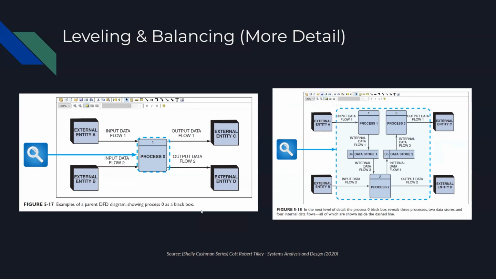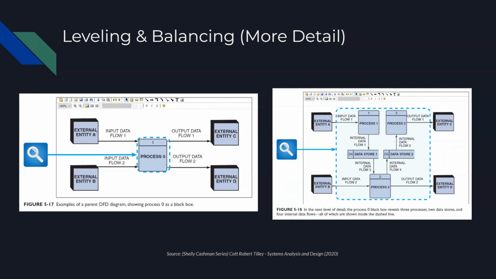And then creating a diagram 0 provides a more detailed view of the system as seen here. System analysts continue to develop lower level data flow diagrams until all the processes are identified as functional primitives, representing single processing functions. I was just talking about keeping the integrity of the data flow diagram.